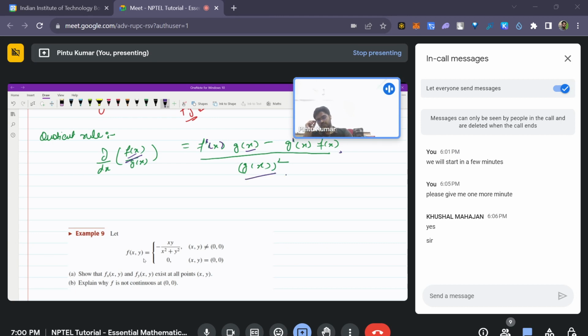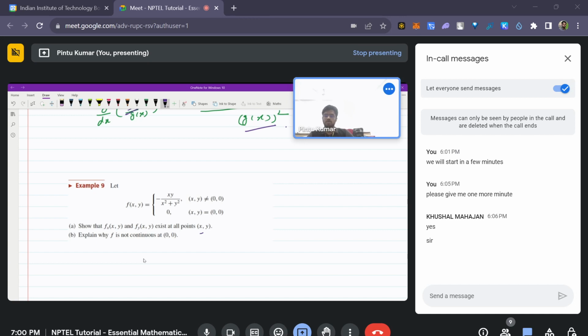So now we have a question at our hand, where we want to show that my f of x, that is partial derivative of f with respect to x and partial derivative of f with respect to y, exist at all points, and we also need to explain why this f is not continuous. Okay.